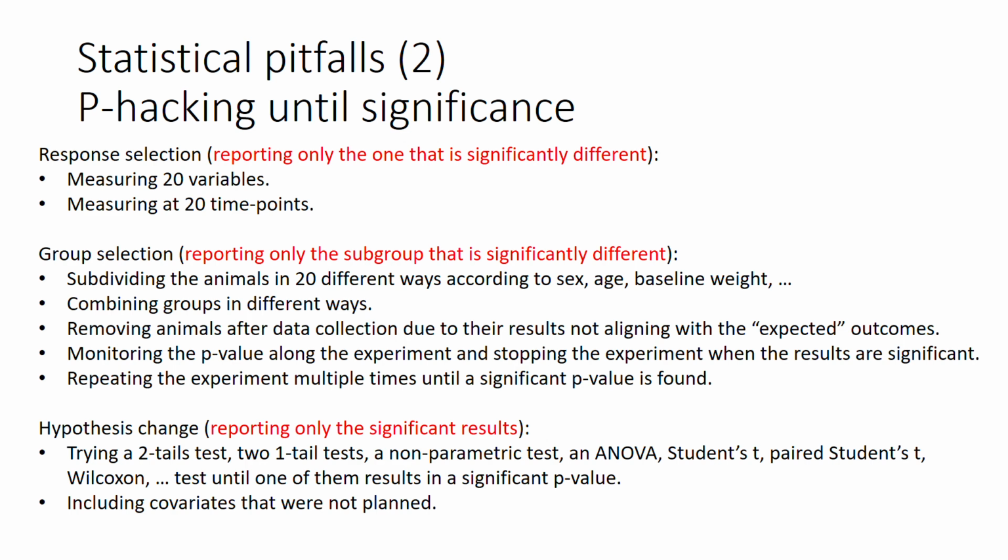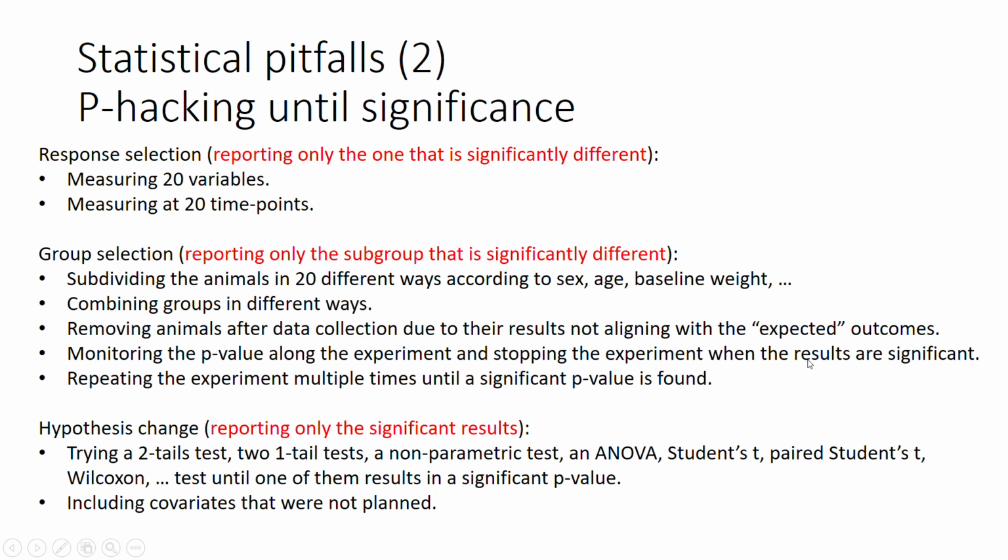If you're measuring many variables or many time points, this is called response selection, so you only report the one that is statistically significant. Or group selection: if you divide the animals in many different ways, or combine the groups in different ways, or remove the animals after data collection because their results are not aligned with the expected outcomes. Every time you remove an animal, you are subdividing the data in different ways. Or monitor the p-value and stop the experiment when the results are significant.